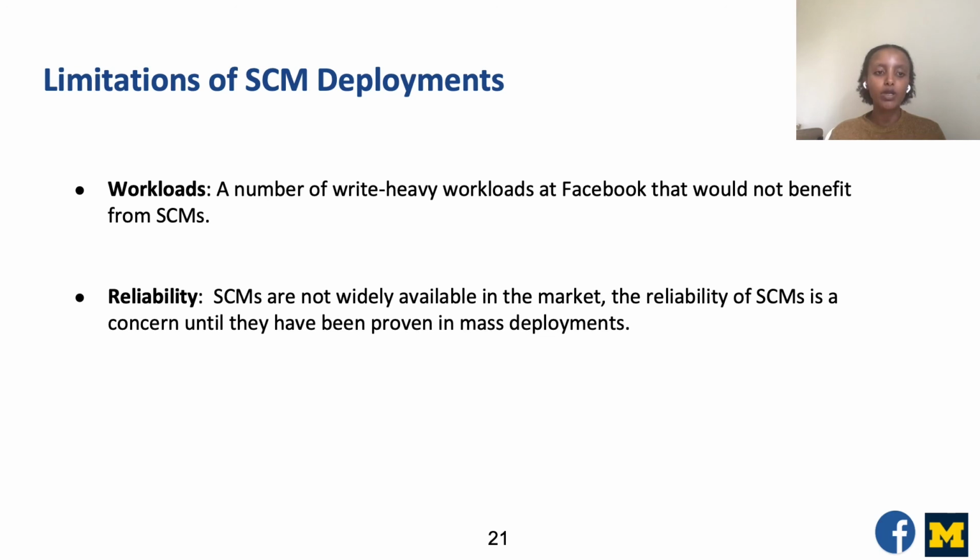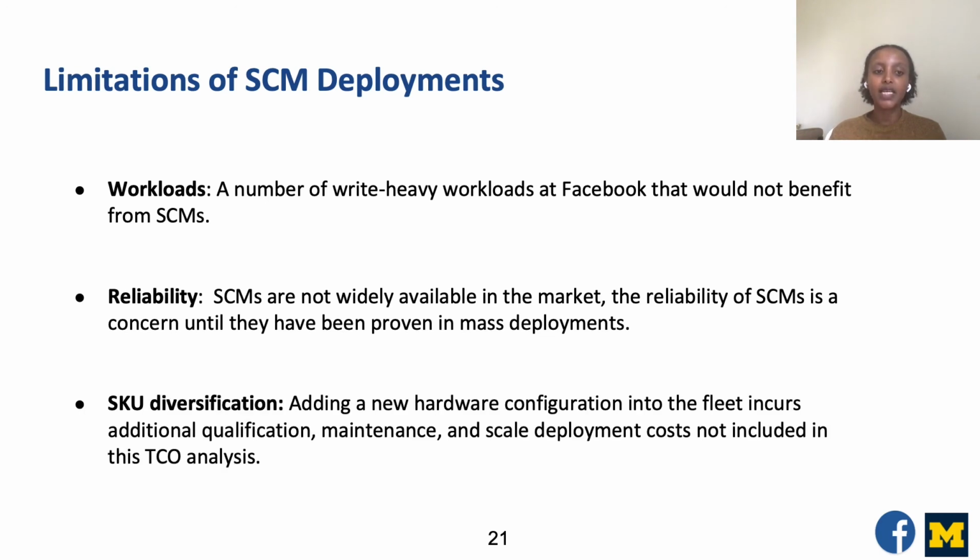SCMs are not widely available in the market, so the reliability of SCM is going to be a concern until they've been proven in mass deployments. And the third is SKU diversification. Adding a new hardware configuration into the fleet is going to add additional costs, such as qualification costs, maintenance costs, and scale deployment costs that are not included in the TCO analysis in this paper.